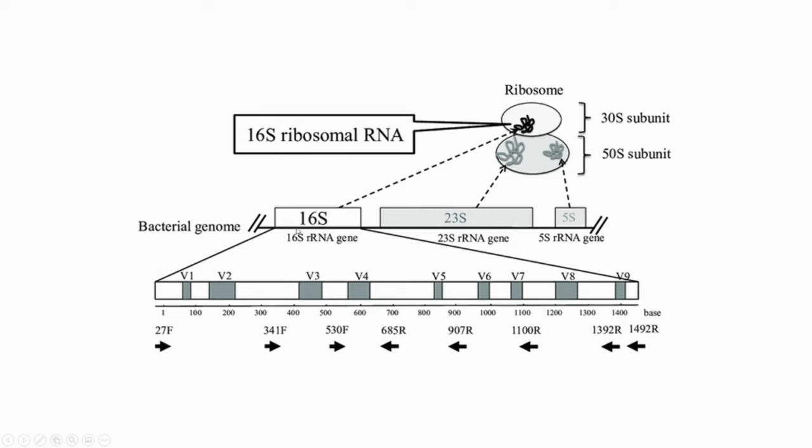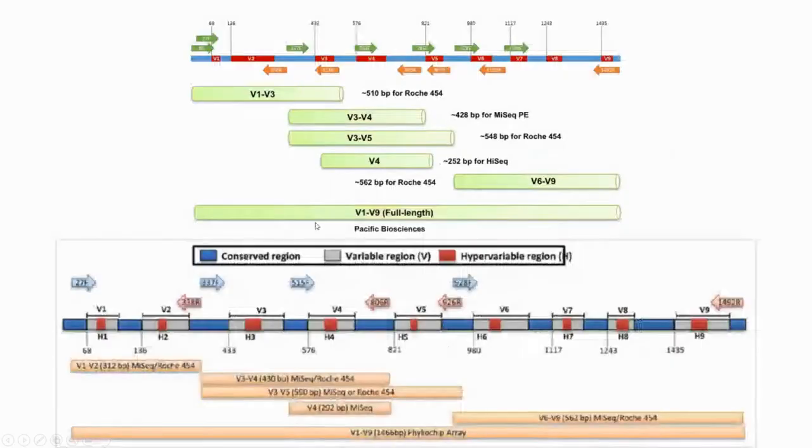So as you can see here in the genome, we have 16S ribosomal RNA that gives you the small subunit, all right? And then the large subunit, we have 23S and 5S, all right? That's the large subunit. That's for translation. And so for the bacteria, we use this 16S.